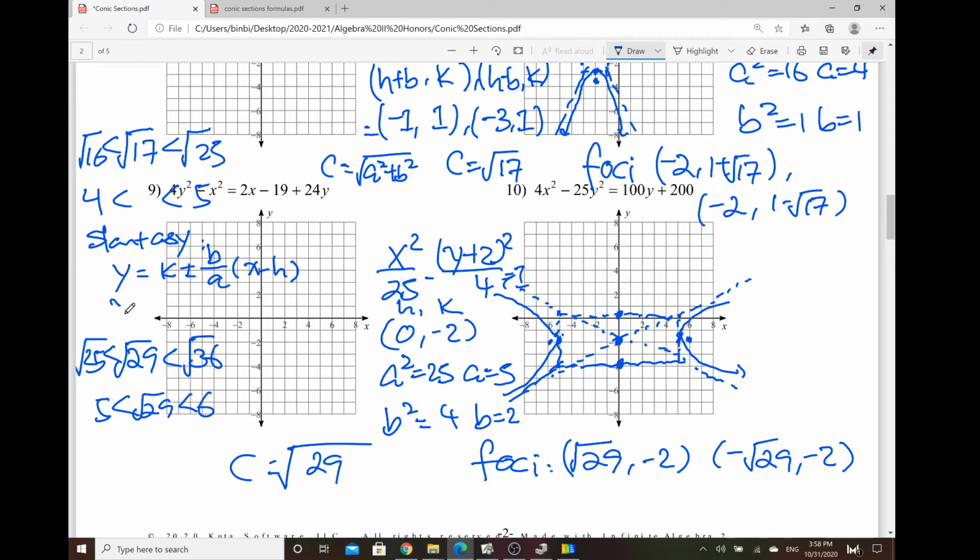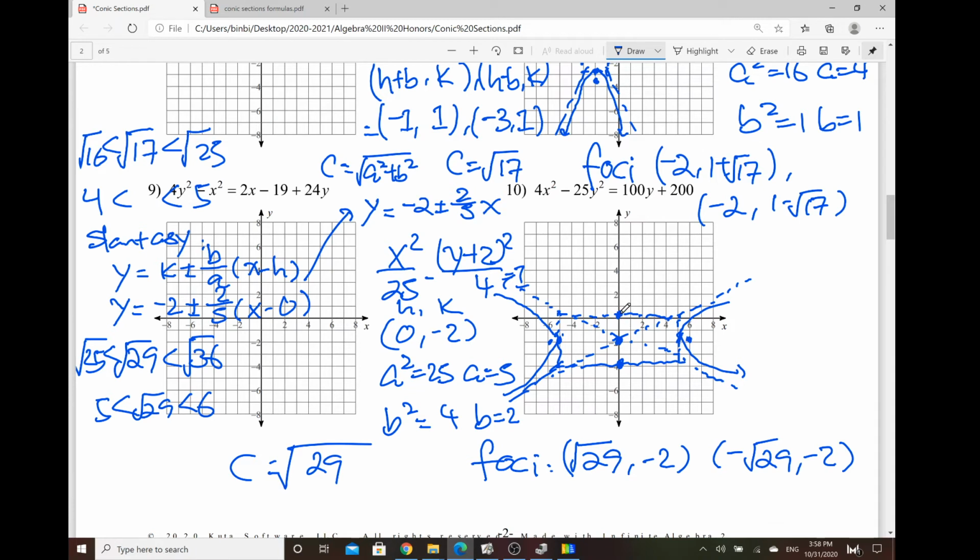Okay, so y equals k, which is negative 2, plus or minus b over a, so 2 over 5, times x minus h, which is 0. Let me simplify it a little bit. Then this one is y equals negative 2 plus or minus 2/5 x.